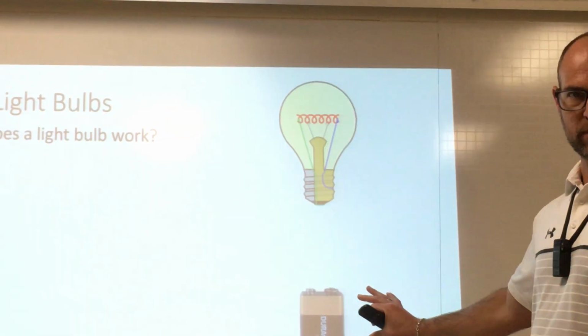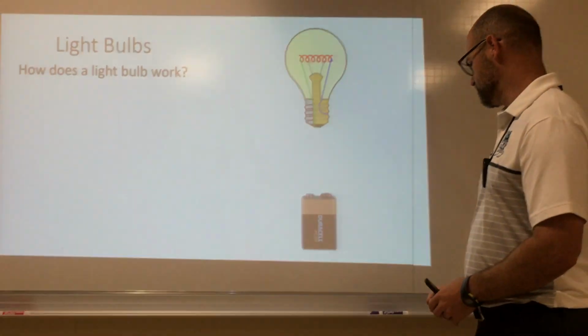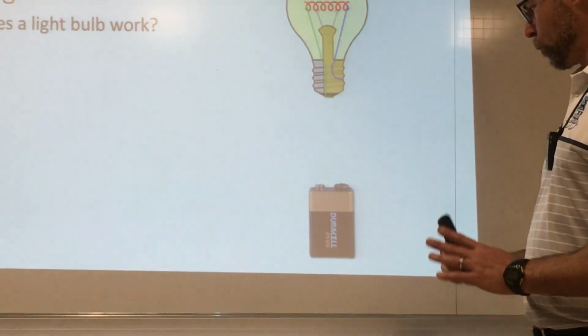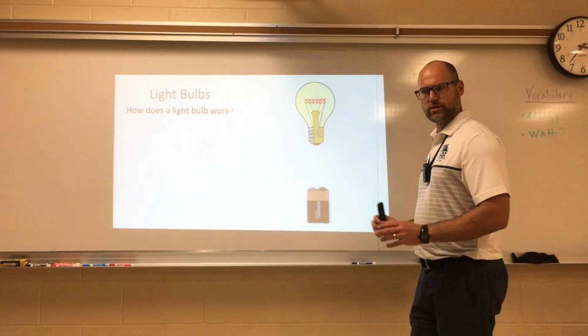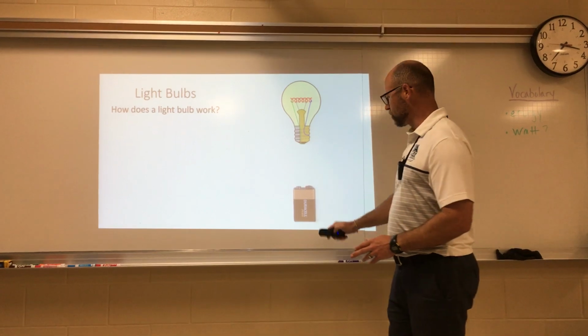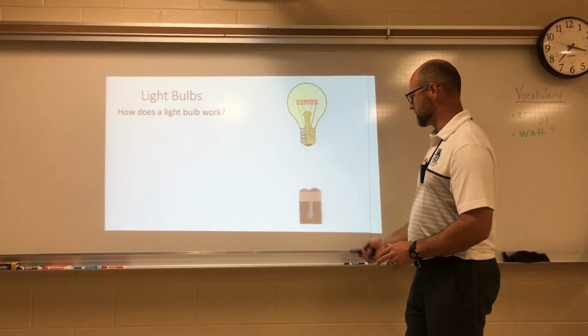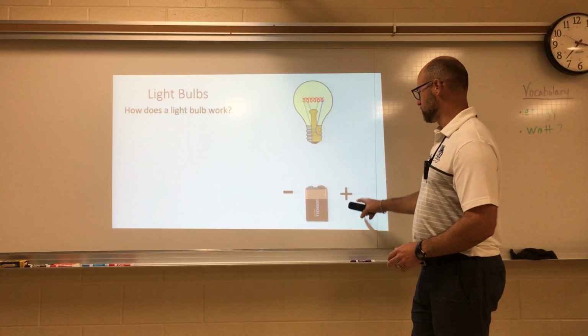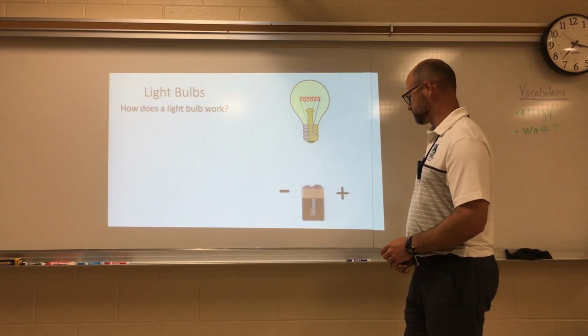We're going to need a power supply, so we've got our battery, and with our power supplies or our batteries, we know that we have a positive end and we have a negative end. On these 9-volt batteries, the smaller terminal is going to be our negative, and the larger terminal is going to be our positive.